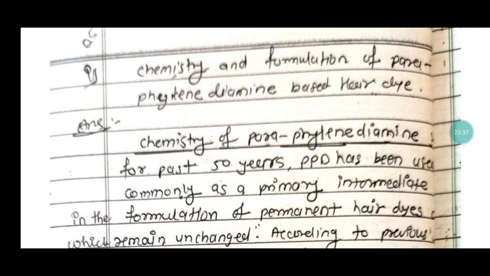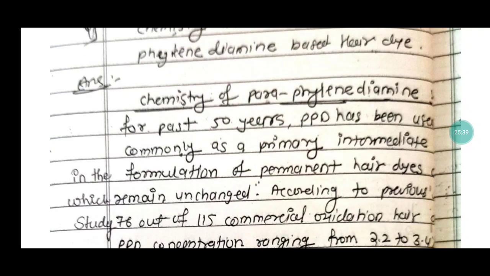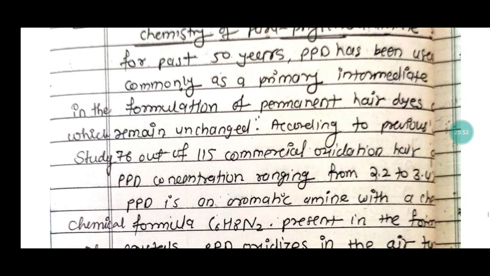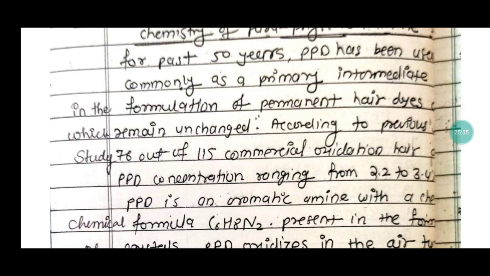So the chemistry of paraphenylenediamine: for the past 50 years PPD has been used commonly as a primary intermediate in the formulation of permanent hair dyes, which remain unchanged. According to a previous study, 76 out of 115 commercial oxidation hair dyes had PPD concentration ranging from 2.2 to 3.4%.